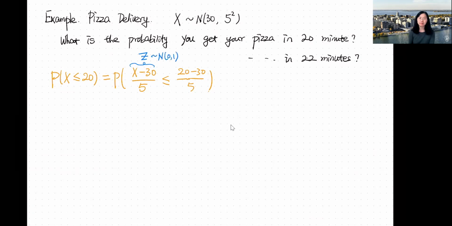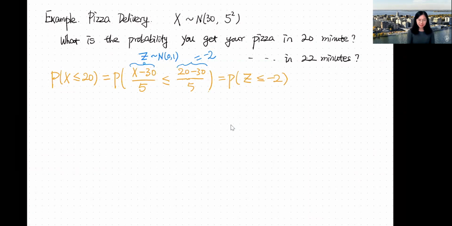We can denote that by Z. And this number, in this case, equals -2. So that equals the probability of Z, a standard normal random variable, less than or equal to -2.